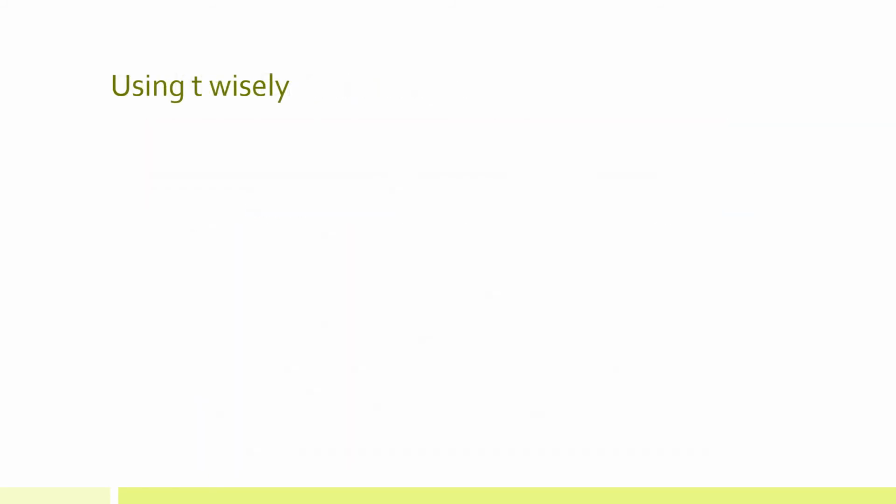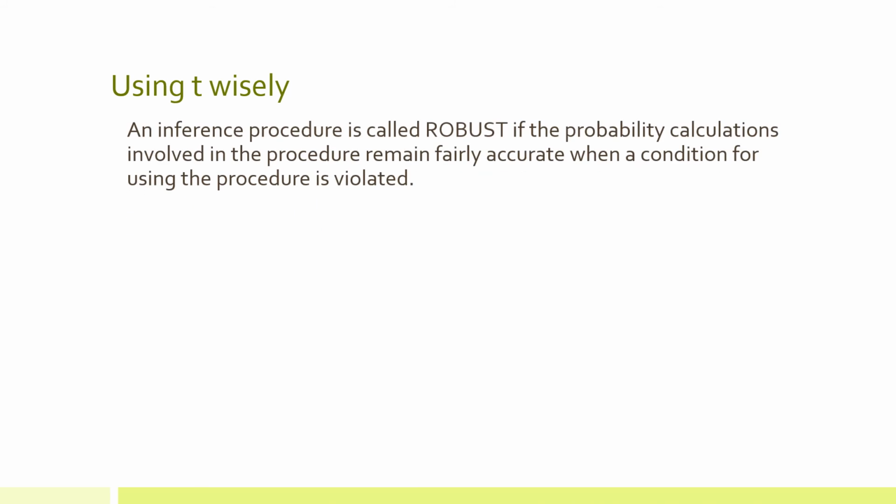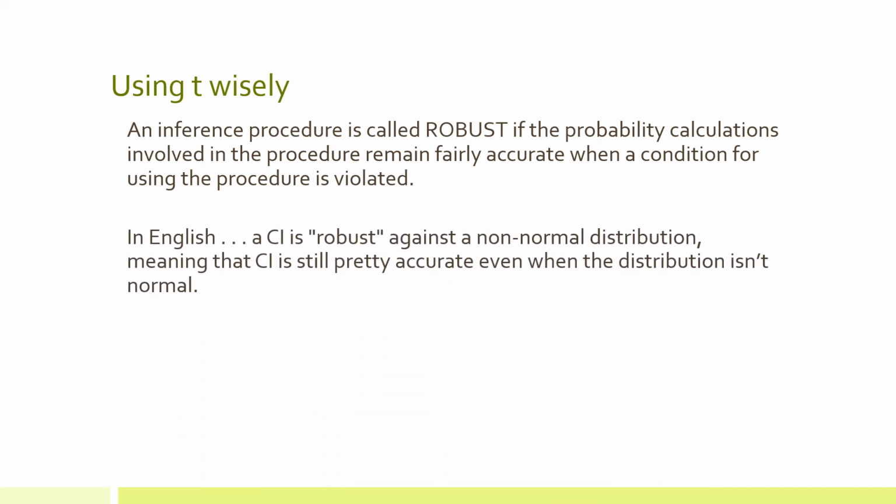So, using t and the t-statistic wisely. An inference procedure is called robust, and this is a new stats term for us, if the probability calculations involved in the procedure remain fairly accurate when a condition for using the procedure is violated.